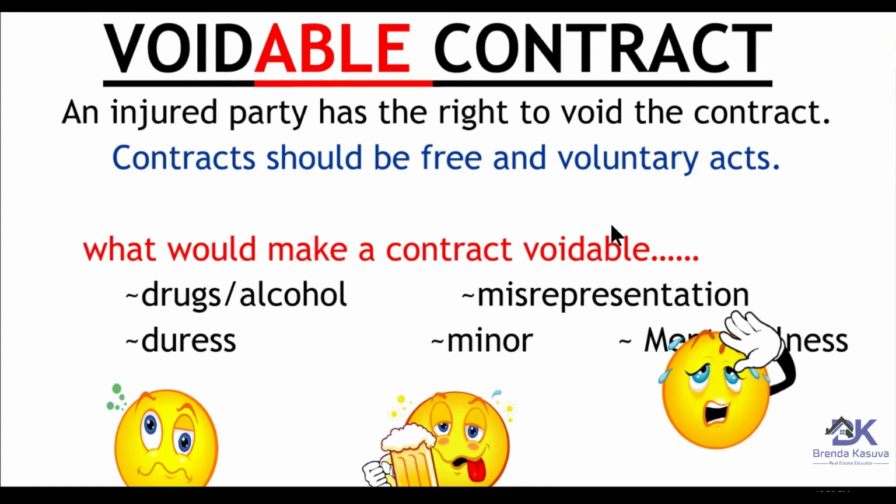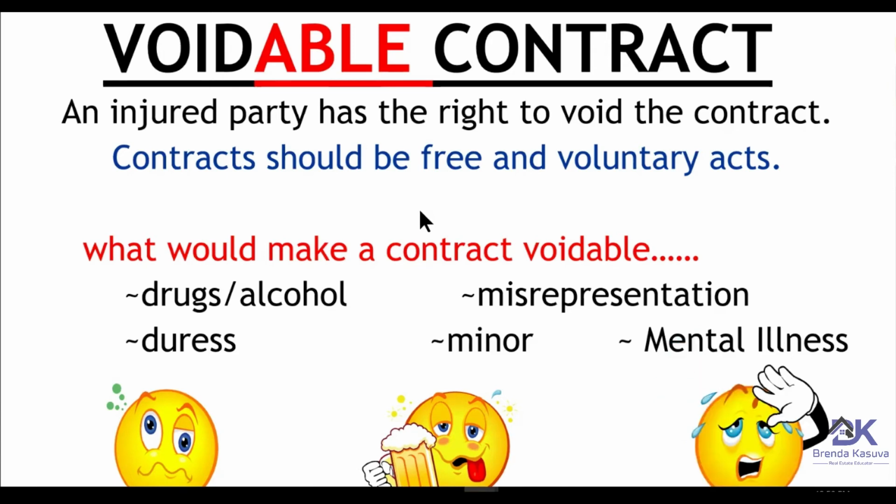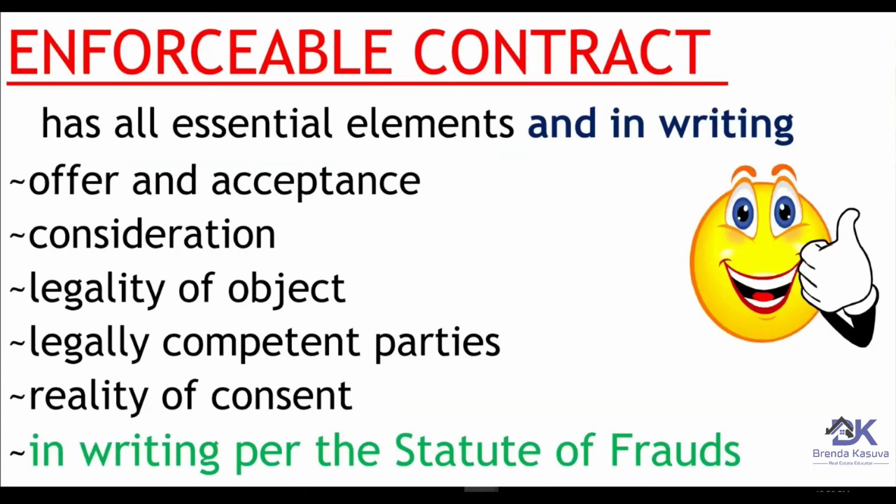Now let's go to the next one. We covered valid, void, voidable. We've covered express and implied. We covered executed and executory. Here's where I'm bringing back your point that it's in writing. There's a difference between a valid contract and an enforceable contract.